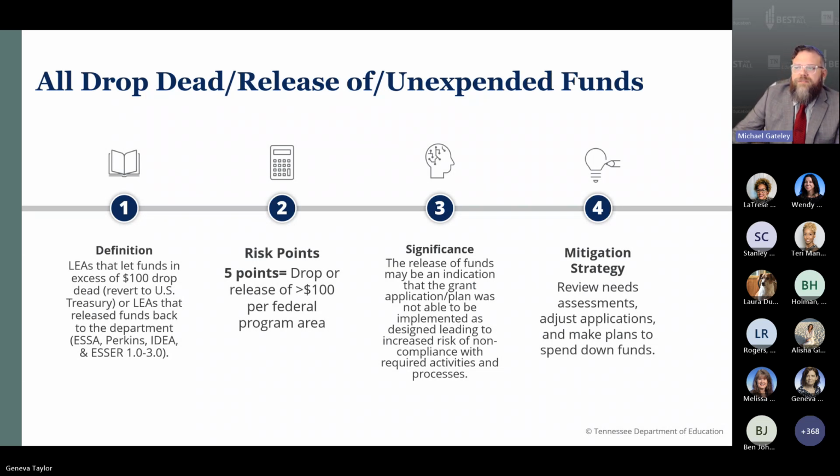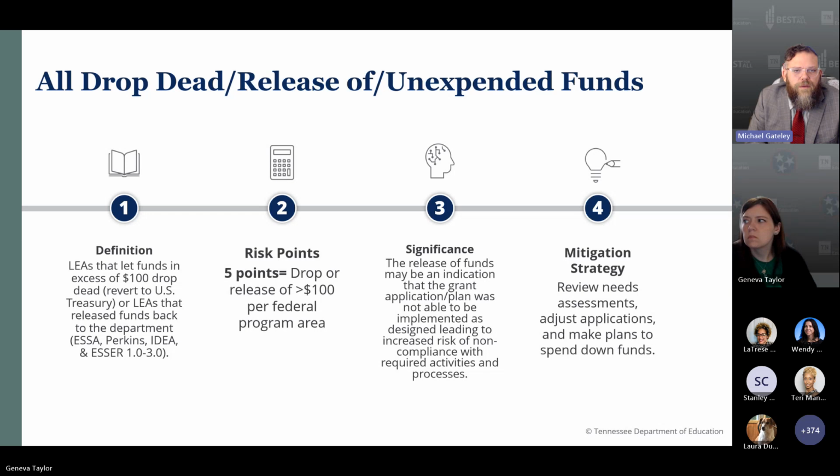We know that if you're releasing funds, that may be an indication that the local application for Perkins wasn't implemented as it was designed. So that could show that there is risk there. Ways to mitigate that are to review the needs assessments and the applications themselves, make plans to spend down those funds, and then if you have to, do those plan amendments or budget amendments along the way.